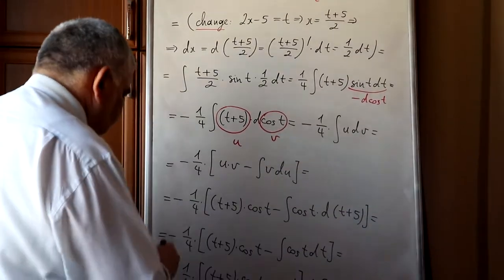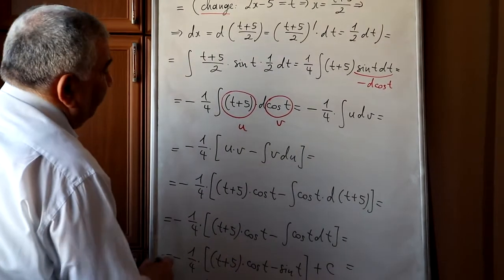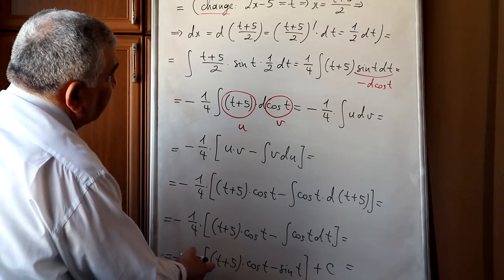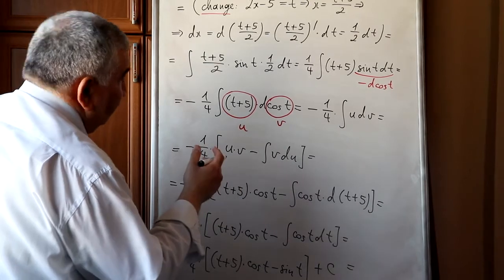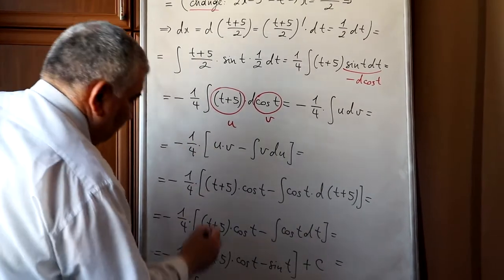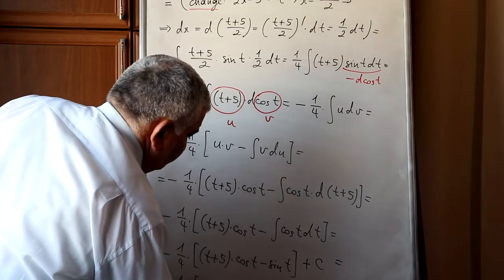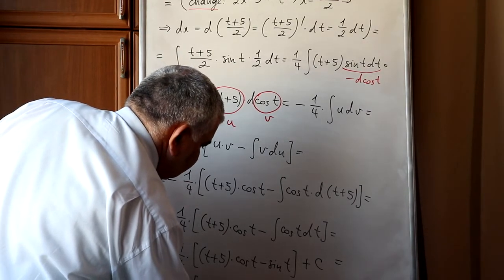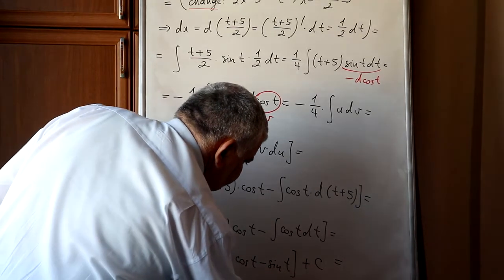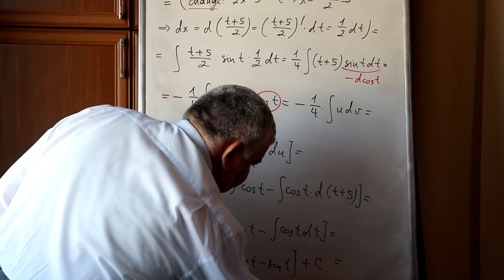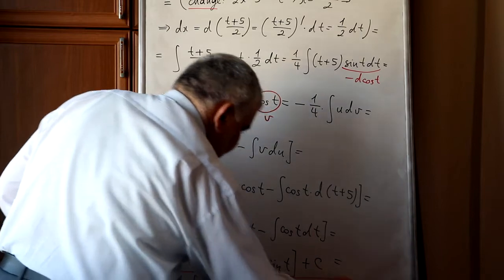Then we will have minus 1/4 multiplied by... If we substitute 2x minus 5 instead of t, then minus 5 and 5 will be removed, and then we will have only 2x. 2x multiplied by cosine of 2x minus 5, minus sine of 2x minus 5, and plus c. It is our answer.